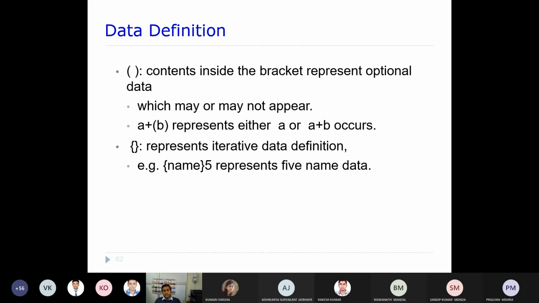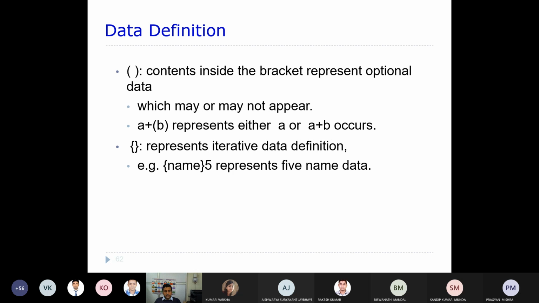If it is there, then what are the possible composite data items? Either it can be A, because B is the optional one, or if B appears, then it will be A plus B. So this is a way that you can represent your composite data, right?